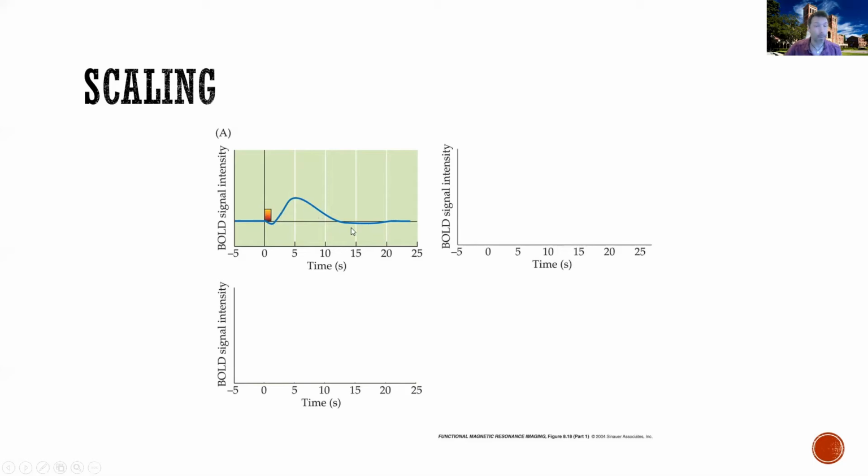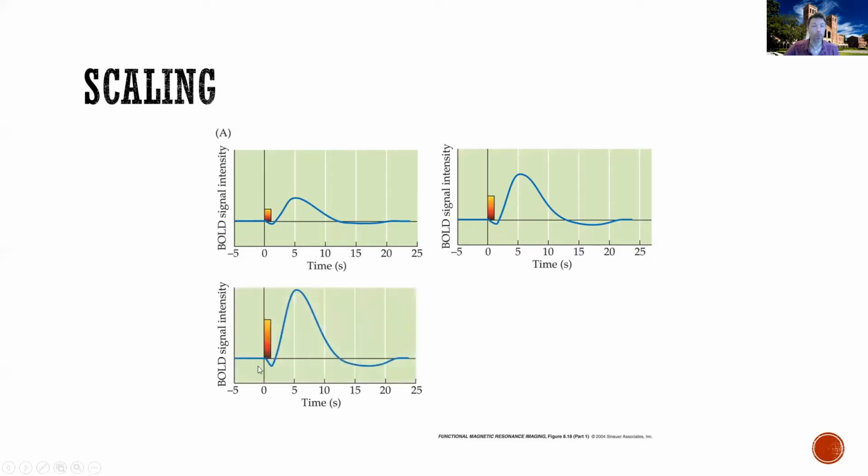And this is a cartoon example. If we had a stronger stimulation, then the BOLD response would be stronger. And if we had an even stronger stimulation, the BOLD response would again linearly scale up. Okay, so this is scaling.